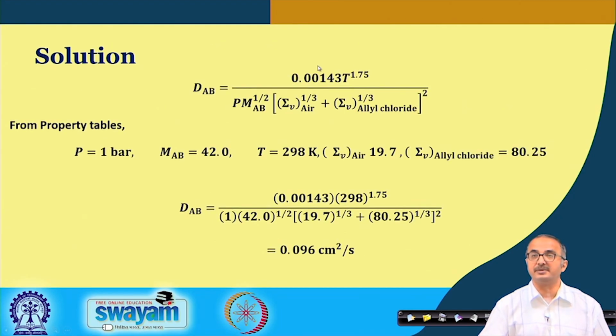So, here is one particular expression to estimate the diffusivity. A and B represent the two components. Here you see how it varies with temperature: it varies as temperature to the power 1.75, which means it is not linear, it is more than linear. With pressure it is inversely proportional.